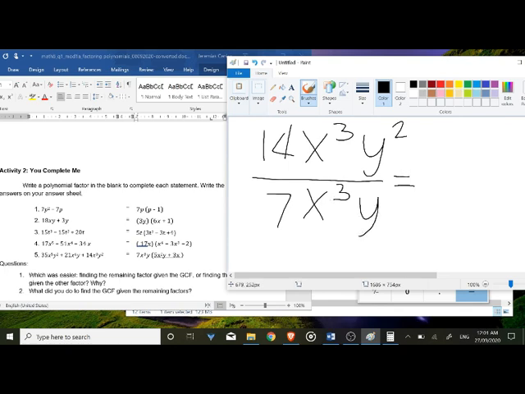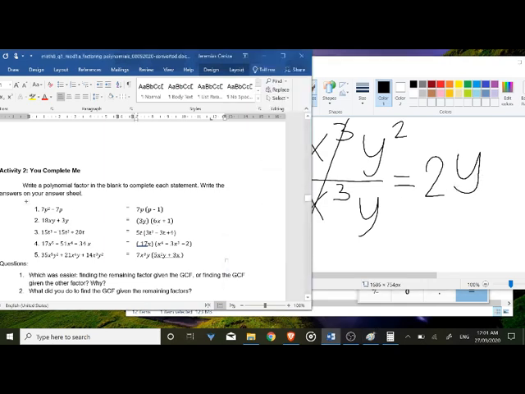That is equal to 14 divided by 7. That's 2. x cubed over x cubed. Y na lang po ang natira. So, plus 2y.